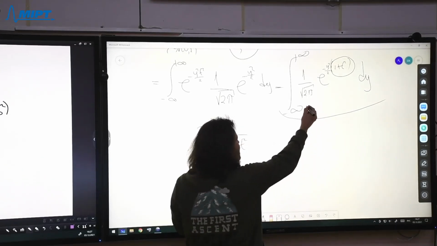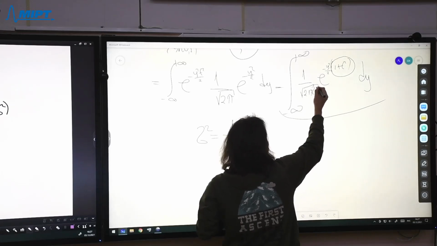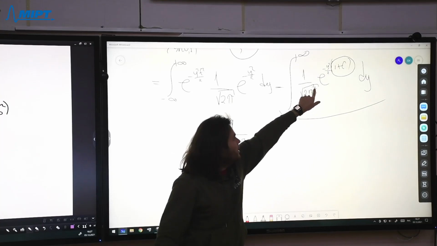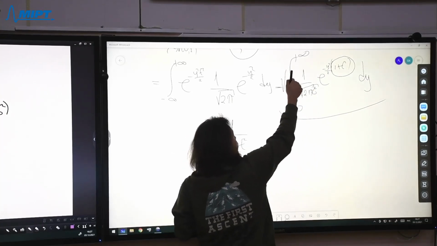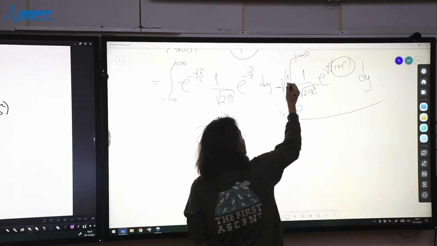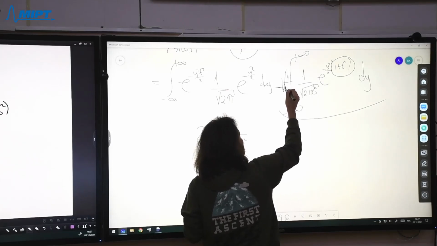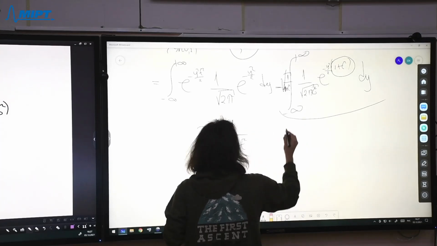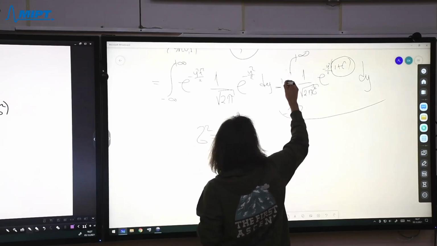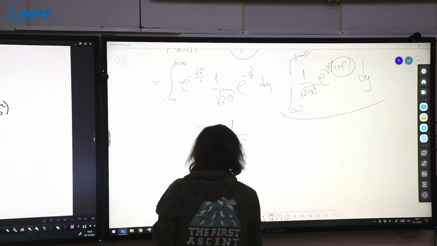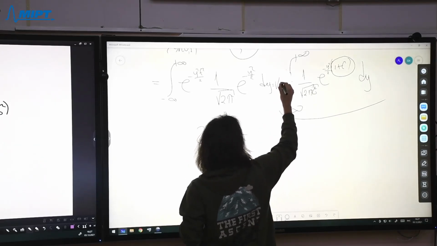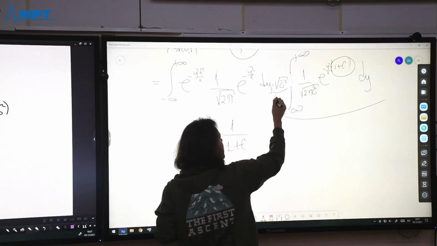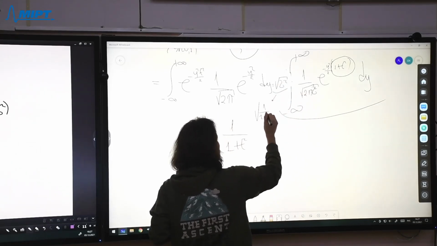So we need to multiply this by the square root of sigma squared, to divide it here. So we need to multiply it also here by the square root of sigma squared, the square root of 1 over 1 plus t squared. That's not very clear, right? But this is the square root of sigma squared, right? So we are dividing and multiplying. And this is what? This is the square root of 1 plus t squared.